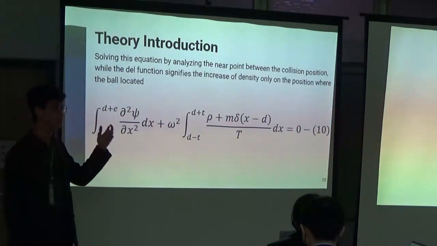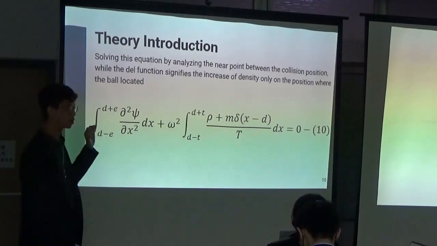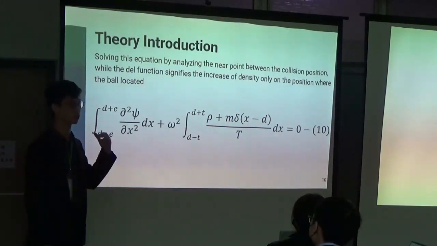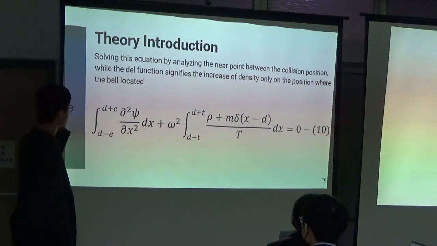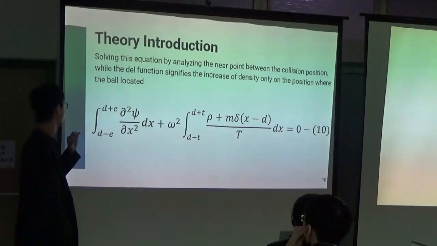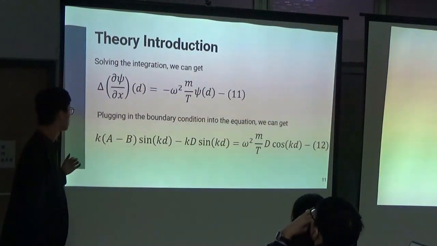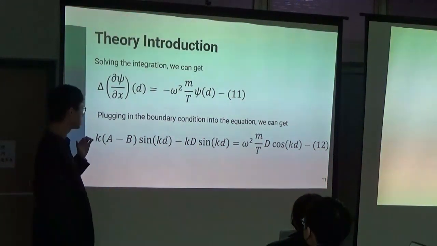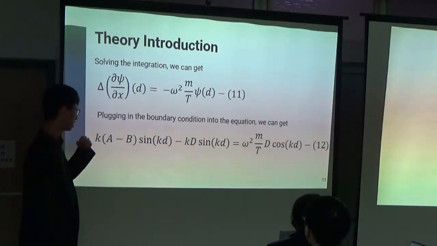To solve this equation, we plug this boundary condition into the former general solution of the differential equation. And we use a delta function that signifies the increase of density only at the position where the ball is located. After solving those integrations, we can get equation 11. Plugging the boundary condition into the equation, we can get equation 12.